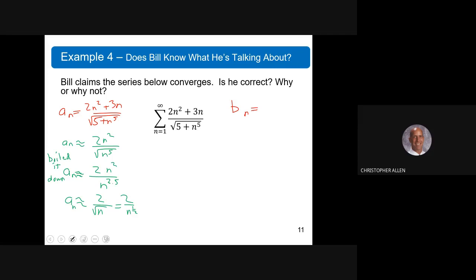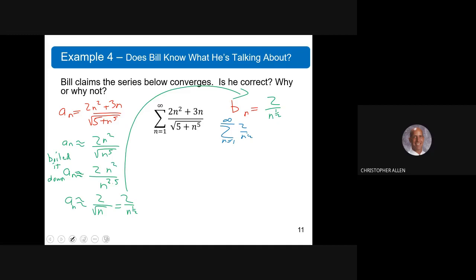So what I'm going to do now is use this over here. I'm going to call this 2 over n to the 1/2. And I want to make a very important distinction about this. What is the series 2 over n to the 1/2 as n equals 1 to infinity?